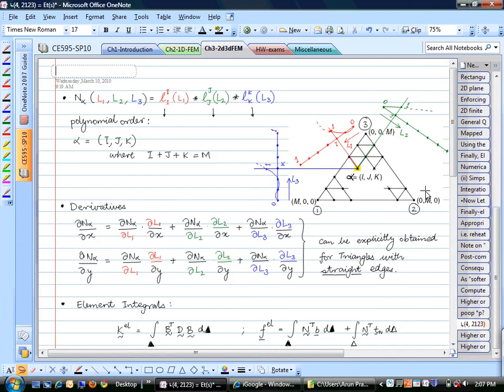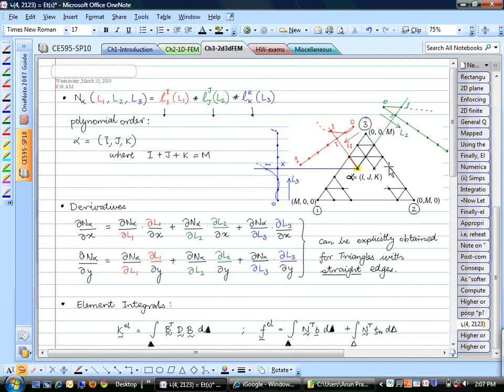All right. So a couple more things about this. We've already seen how to calculate the shape functions, and these are Lagrange shape functions in each of those three triangular coordinates. So what is the polynomial order of this Li? Let's consider this one.